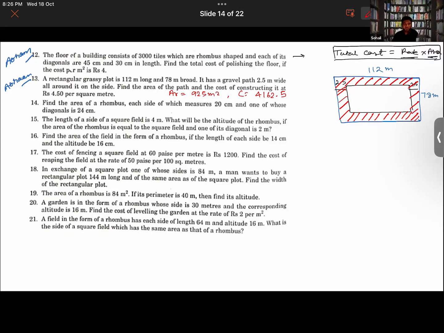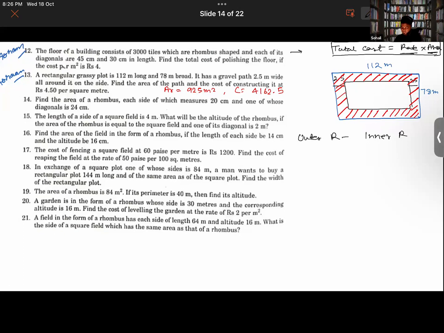No. Construction is to be done on the gravel path. So we know that area of outer rectangle minus area of inner rectangle will give you the area of the path.